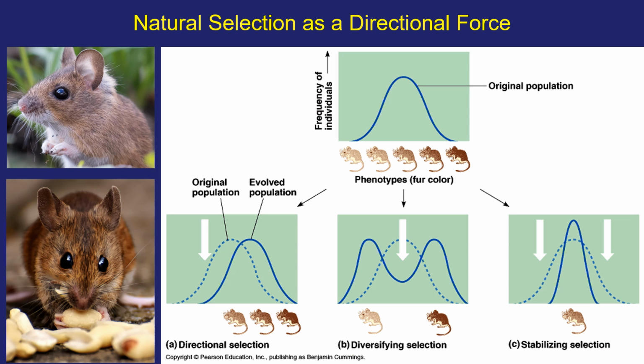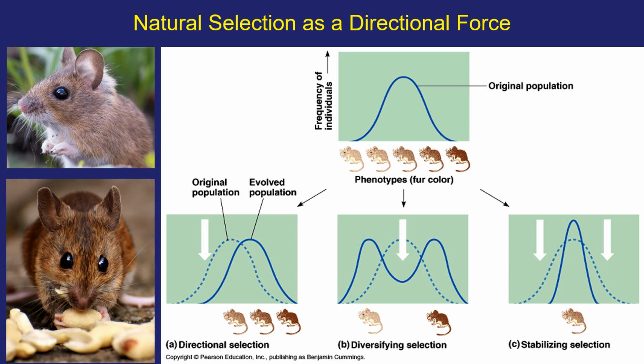Acting over a long enough time period, natural selection can be a directional force. So it can start to shift a phenotype very slowly to something a bit different. In this example here, in the top graph, you're seeing a population of mice. And there's quite a diversity of fur color in these mice.